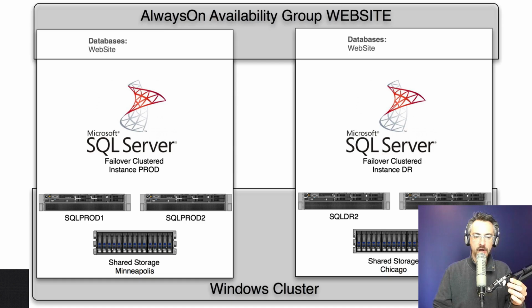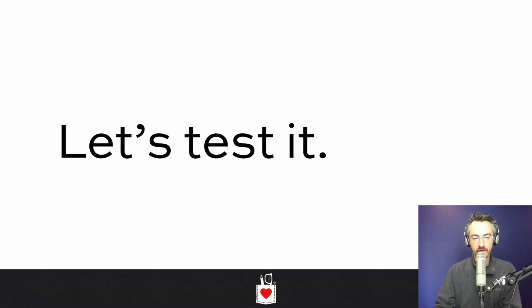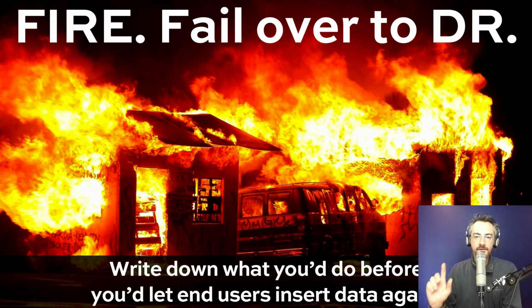We have to go sketch out a few things that are going to happen to our infrastructure. So the first test that we're going to have is, let's assume that the primary data center catches fire and we need to fail over to DR. Now that's not the test.